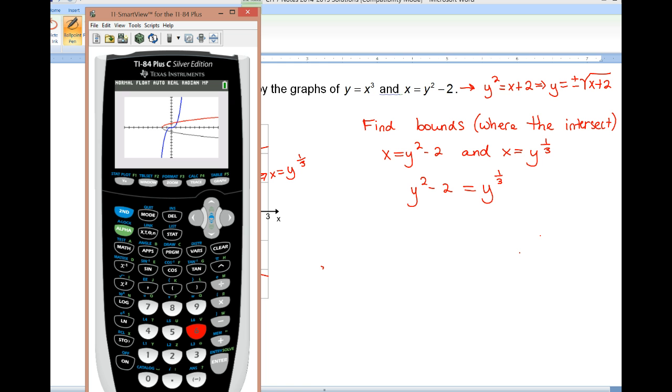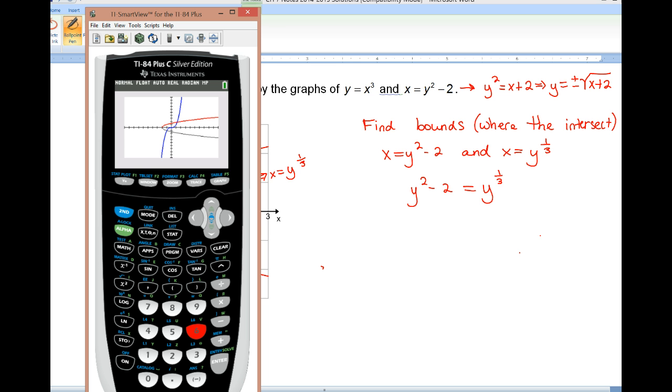If you do it the other way, it's fine. Your curve is just going to be oriented a different way, and then you just have to flip the x and the y coordinate when you're looking at their intersection.